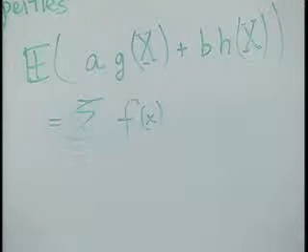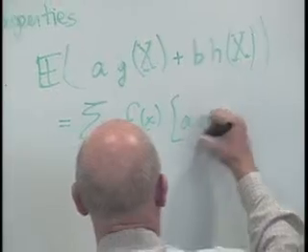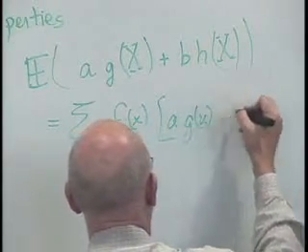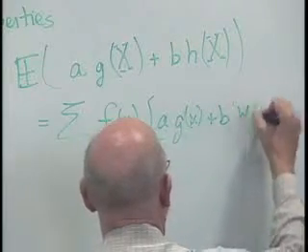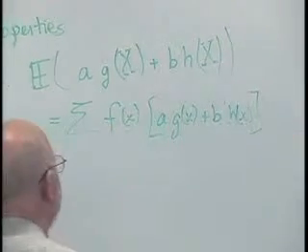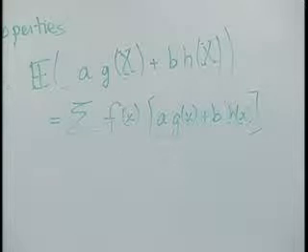There's only one named random variable around, namely capital X. So this is the mass function for the random variable capital X. And then I multiply this by a times g of x plus b times h of x.